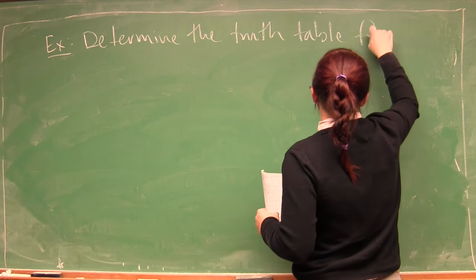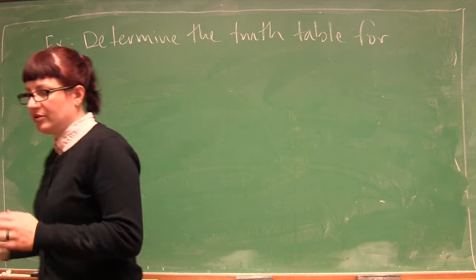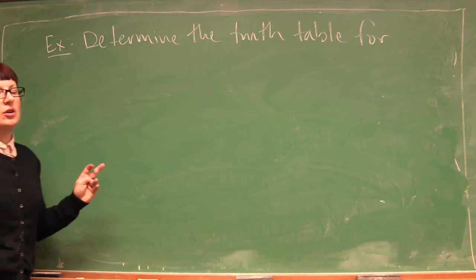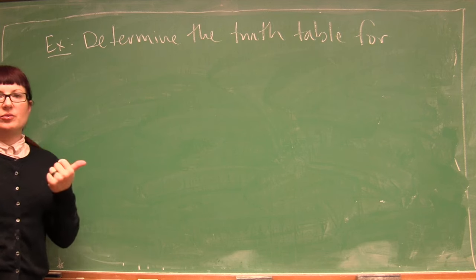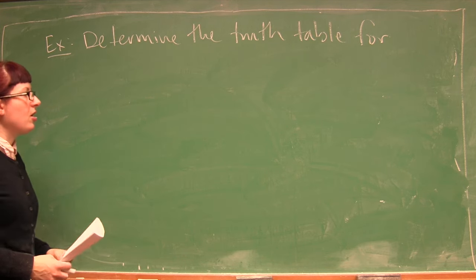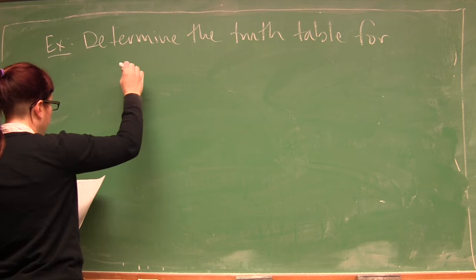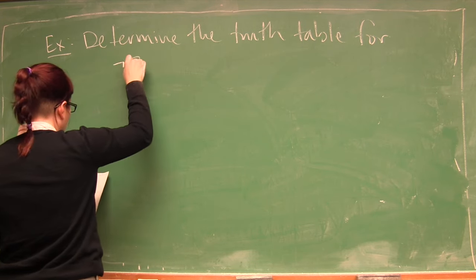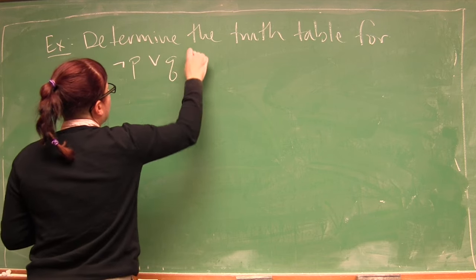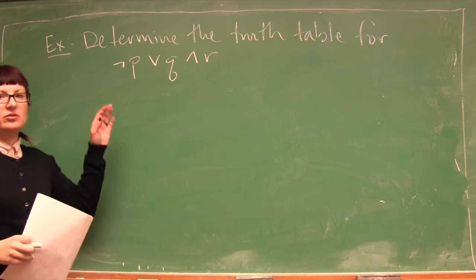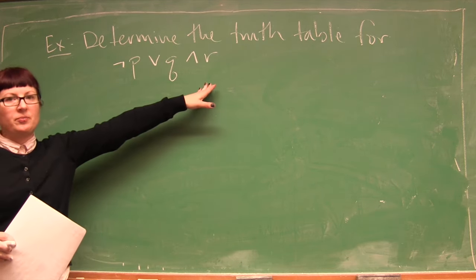So this example is to determine a full truth table for a proposition that involves three different propositions, P, Q, and R. So in particular, we're going to try to figure out the truth or falsity of not P or Q and R, depending on the individual truth values of P, Q, and R.